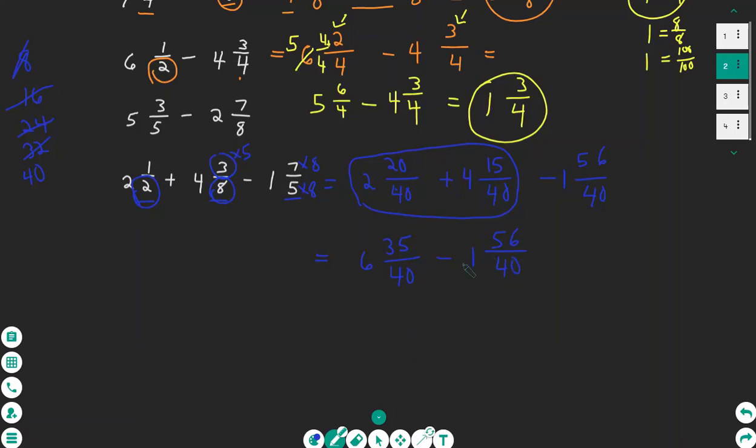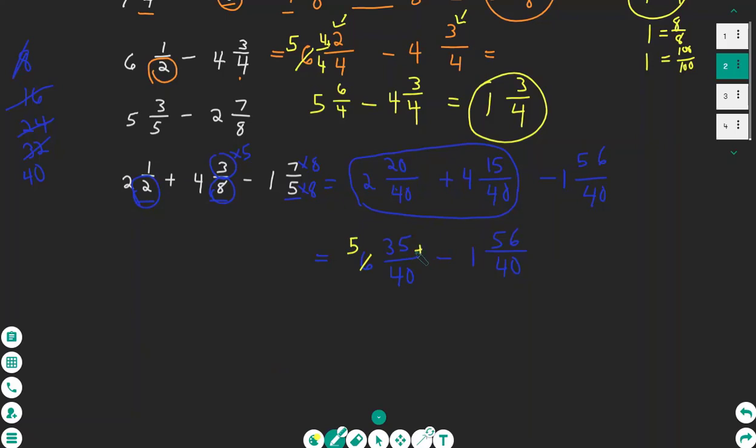All right. Now again, look at the numerators real quickly here. 35 minus 56. We can't do that, right? 35 is too small. So what do we need to do? Borrow from the 6 again, right? It's going to become a 5. And then we're going to add that borrowed one in terms of the denominator that we want.